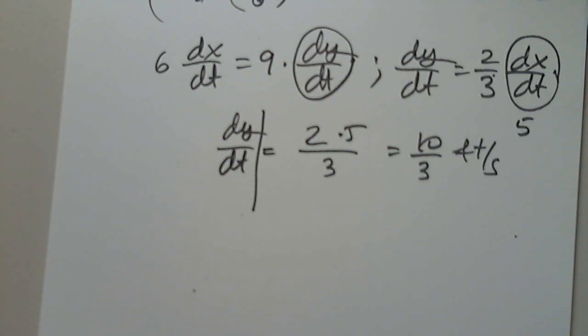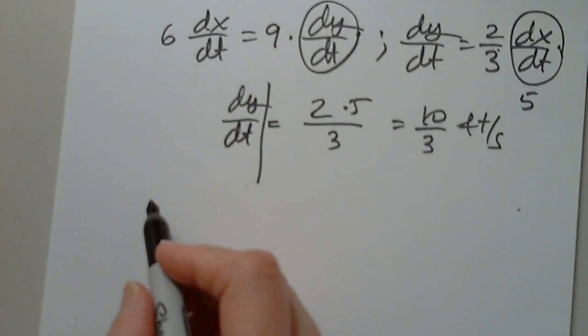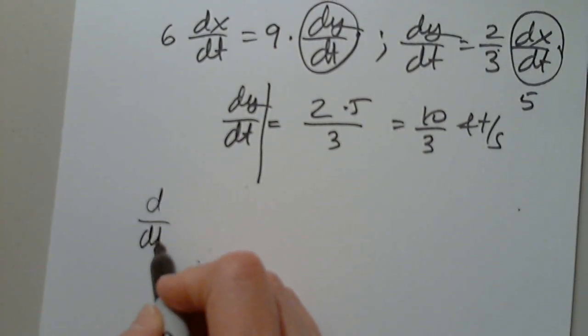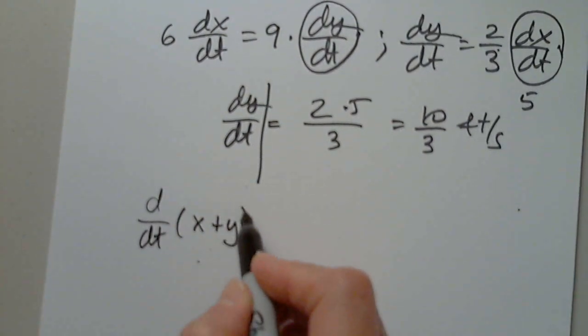We haven't used it. Normally they won't just put in the 40 there. So they're really asking us for the rate d over dt of x plus y.